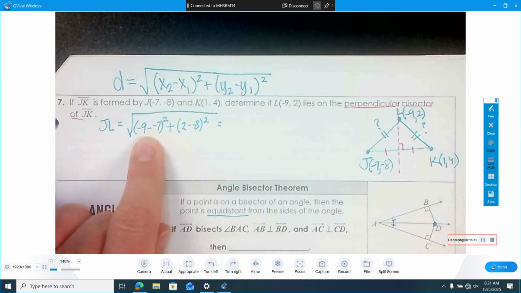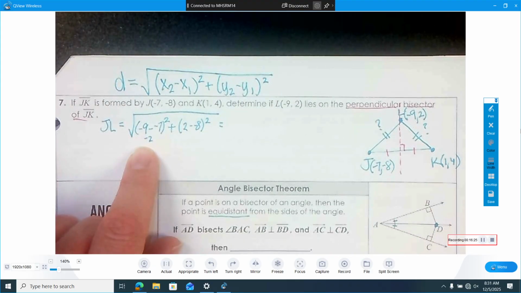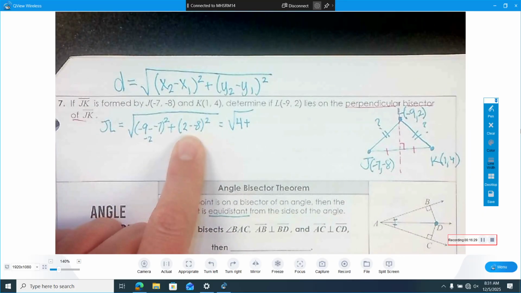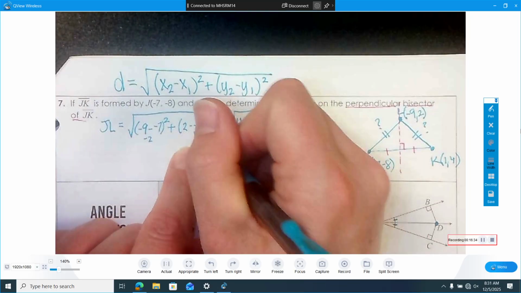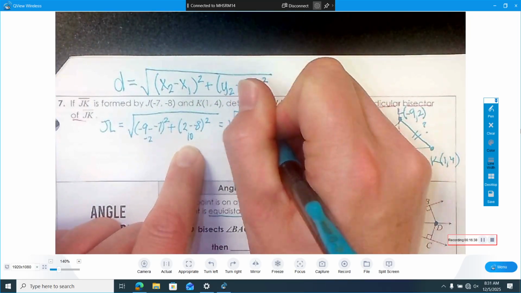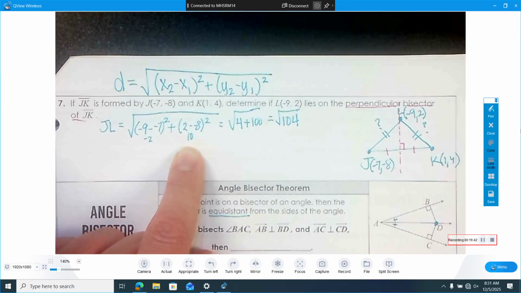Let's see, that becomes negative 9 plus 7, which is negative 2, and we're going to square that, which becomes 4. And then here, this is 2 minus a negative 8, which is really 2 plus 8. So that's really 10 squared, which is 100. So this is the square root of 104.